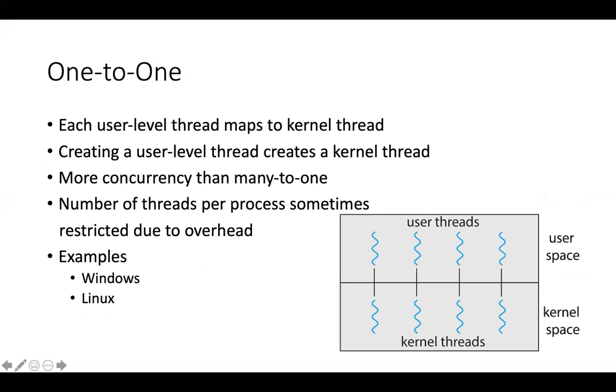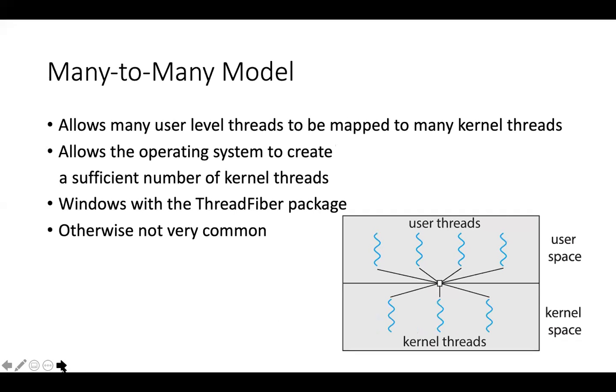This one works on the number of threads per process sometimes, and might be restricted due to overhead. When the kernel can no longer handle more, some of the user's threads will be limited. Examples of this are Windows and Linux.